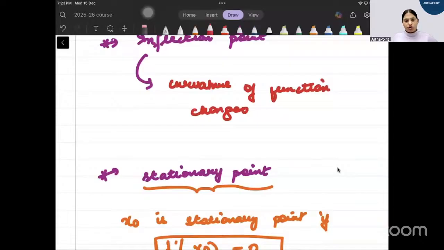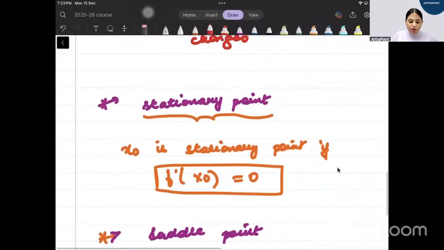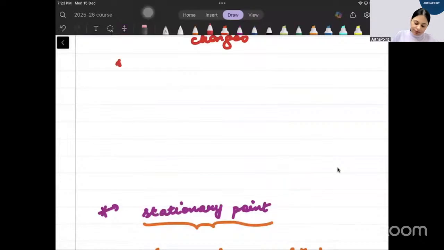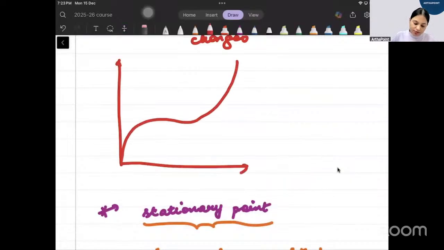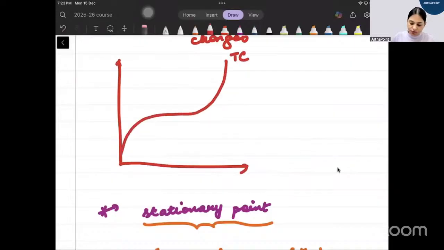Where the curvature of the function changes. That is, if you draw a cost curve, you will notice that the curvature of the function is changing.